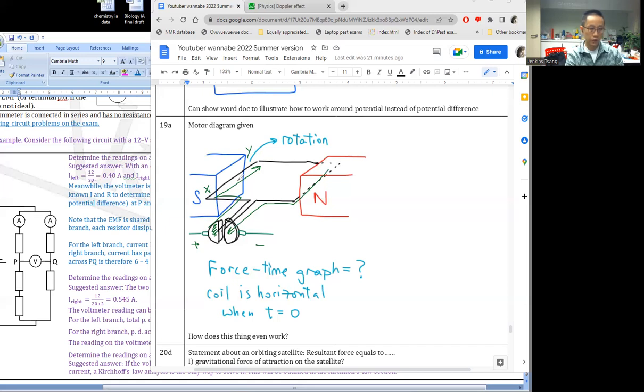But if you just use FBI, B is my index finger, and it's from right to left. And then the current, which is my middle finger, is pointing into the page or into the camera. As a result, XY experiences an upward force according to my polarity.